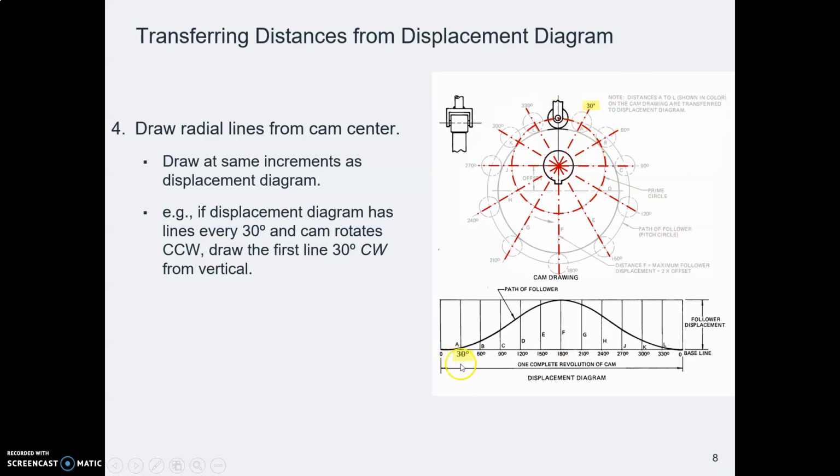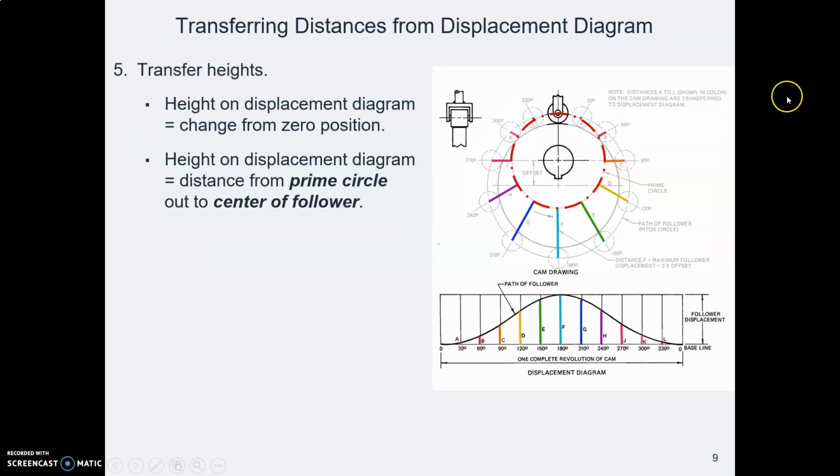So let's say you're thinking about what happens when the CAM has rotated 30 degrees. You go to your displacement diagram at the 30-degree line, and you measure that height. And that's how far out beyond the prime circle this next position of your follower will sit.